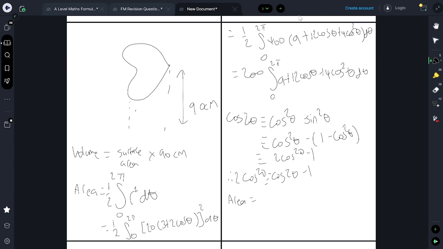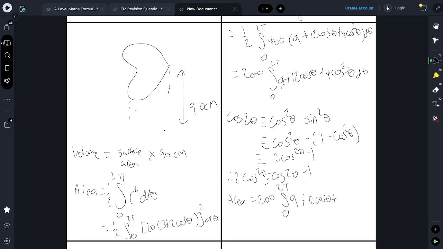Let's bring our integral back. So our area is 200 lots of the integral between 0 and 2 pi of 9 plus 12 cos theta, and then plus 4 cos squared.